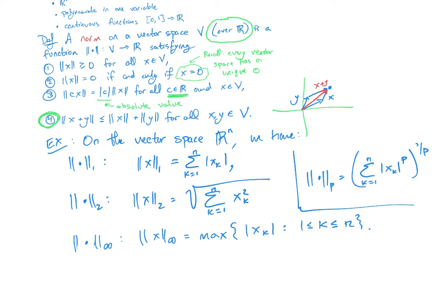And indeed, the infinity norm is what you get when you take the limit as p goes to infinity of the p norm. But that's sort of beside the point for today.